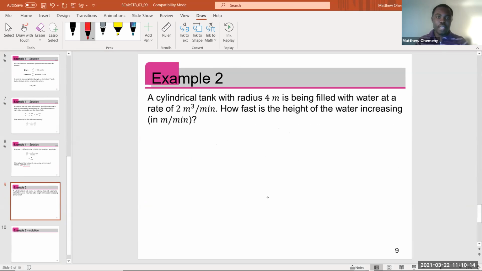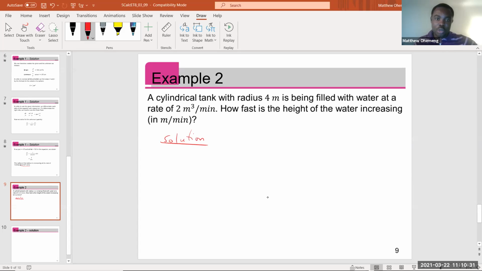Okay, now let's look at this other question. For example 2: a cylindrical tank with radius 4 meters is being filled with water at a rate of 2 meter cube per minute. How fast is the height of the water increasing in meters per minute?